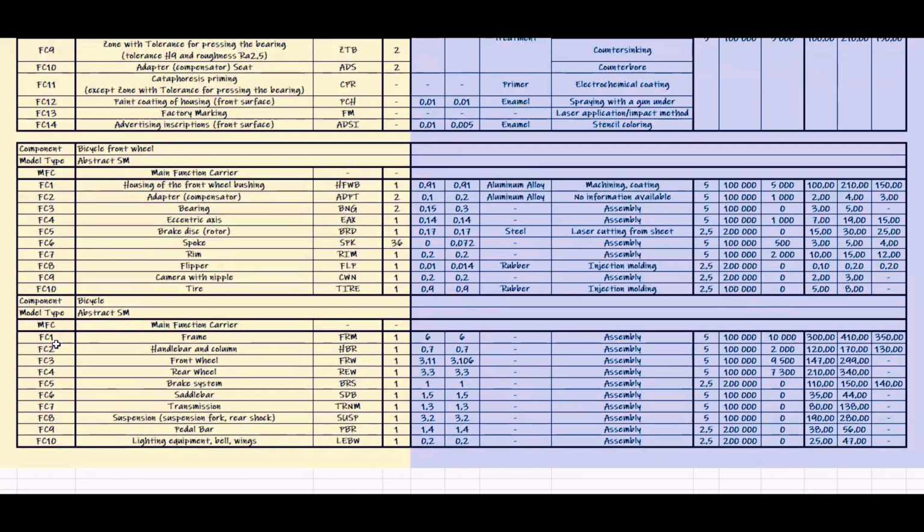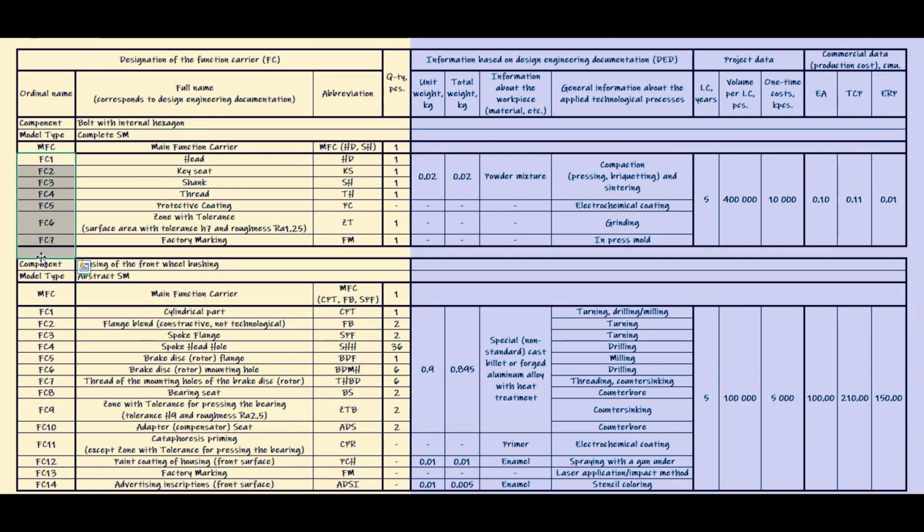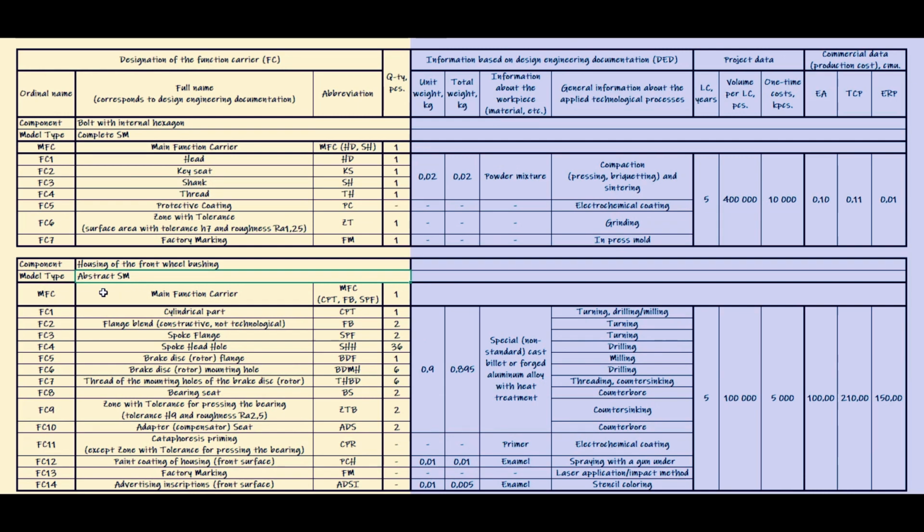In the 3rd and 4th cases we are dealing with a complete model of the bolt, the object of analysis, and an abstract model of the bushing housing that is close in content to the full model. For these 2 models, the number of structural elements or carriers of functions is already related to the degree of complexity of the design and not to our desire and convenience.